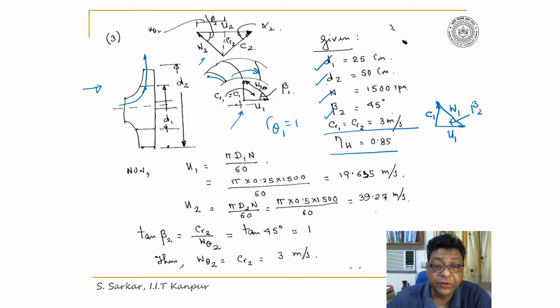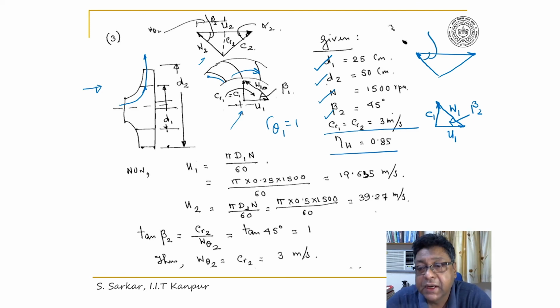What will be the exit velocity? This will be W2. This will be U2. Because this angle has been given, beta 2 is 45 degree. So this is W2, this is U2. U2 will be higher than U1. And this will be C2.